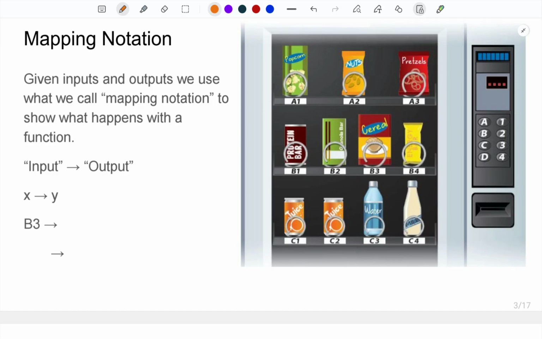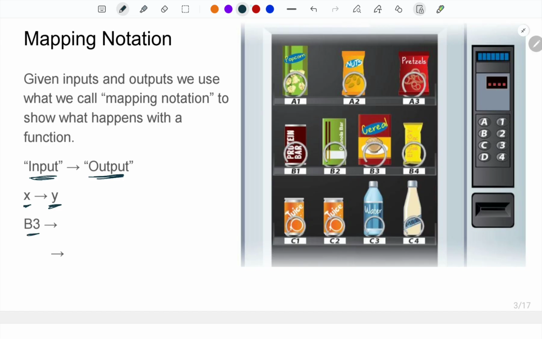So it's just another way of thinking of the function notation we were working with yesterday. Still very much the same sort of idea, just a new way of looking at it. So we could say we have some input going to some output, an x value going to this y value, or we could say mapping to the y value.